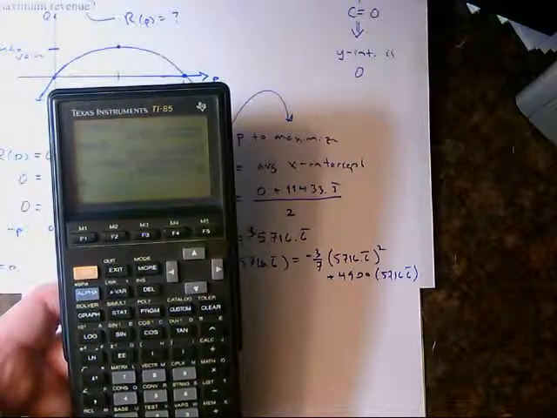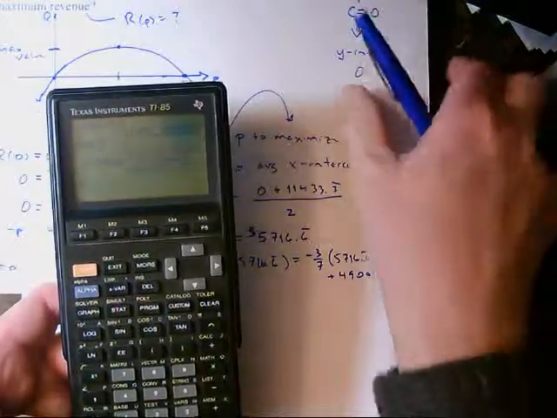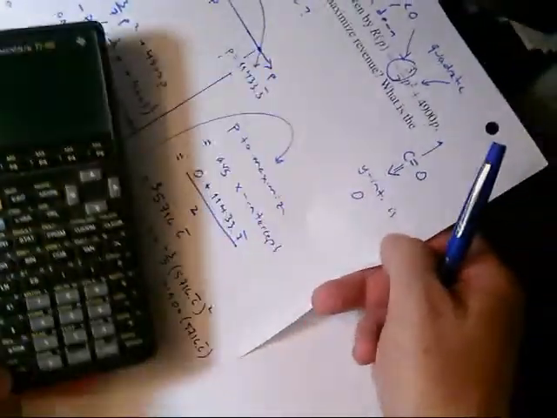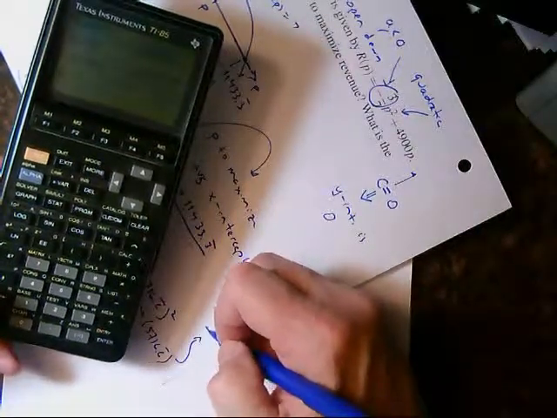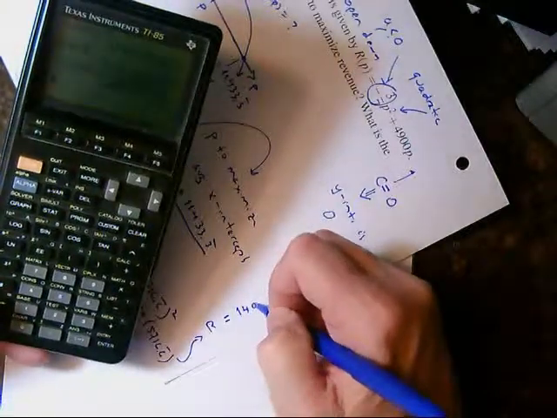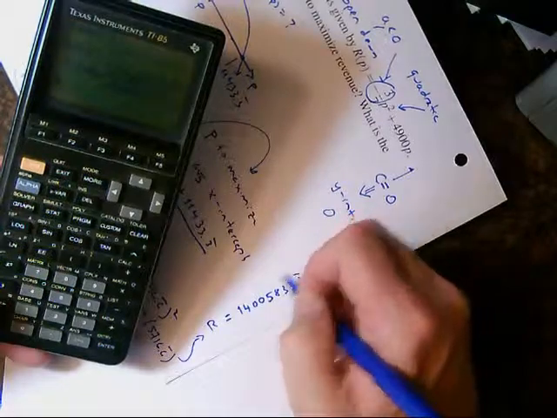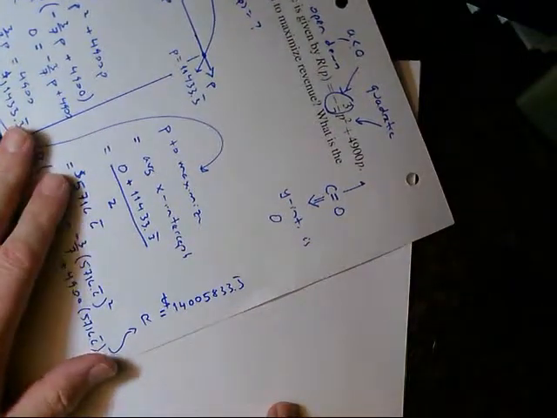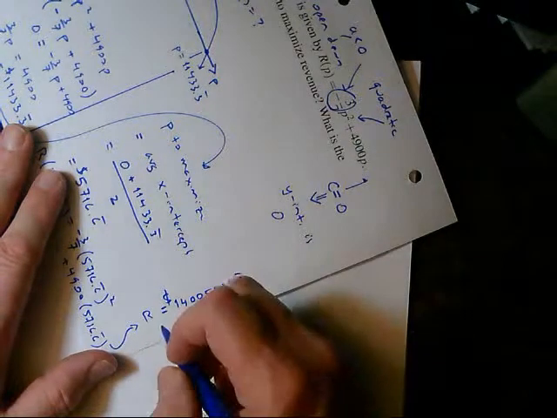On my calculator, what I would do is negative 3 divided by 7 times, and if I do second answer, it calls back the last result, squared plus 4900 times second answer. And I should get a rather large number, which I can force up here if I turn the page diagonally.